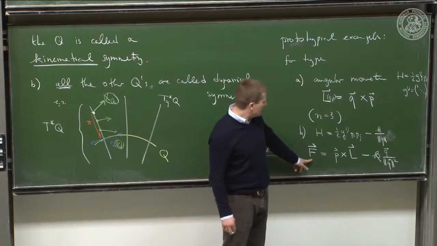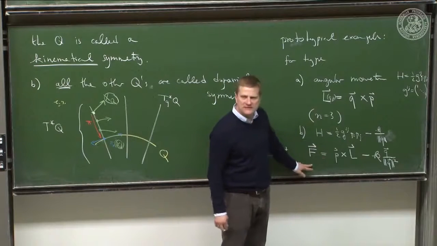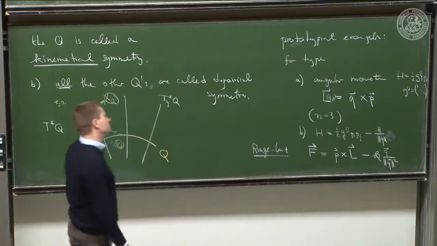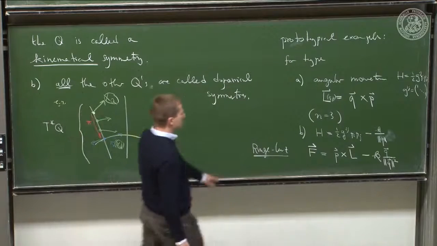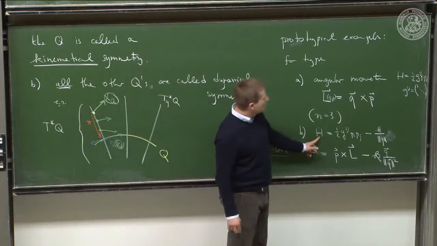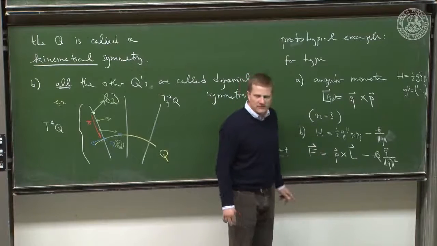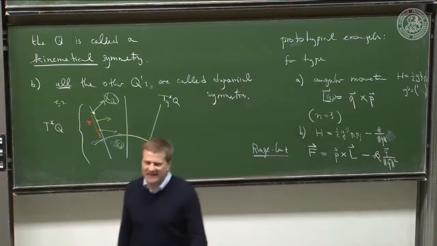Okay? And that's an additional SO3 symmetry, well, at least for bound states, of this theory, but it's not a kinematical symmetry. One can see this very quickly, but we'll do this after the break, when we'll also develop the theory of Killing tensors.